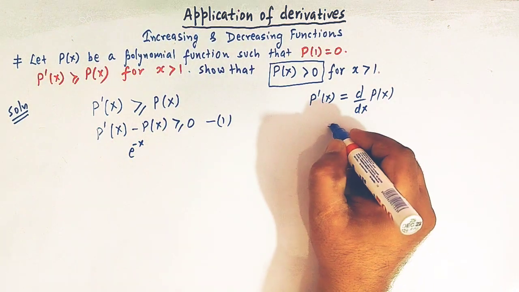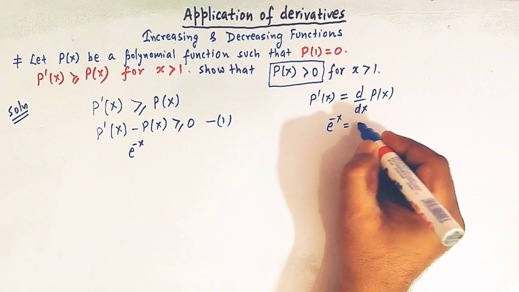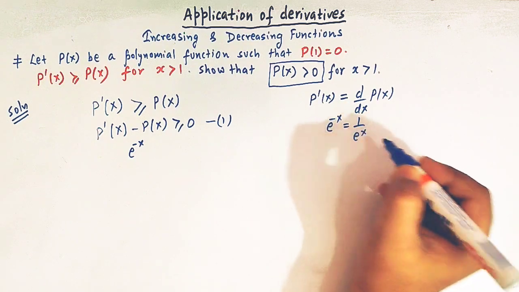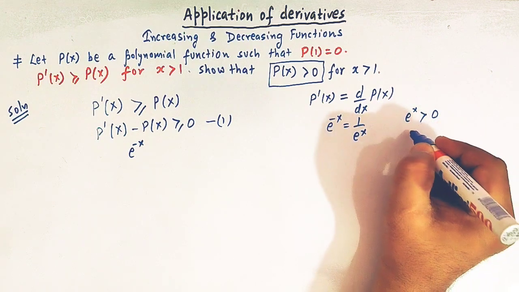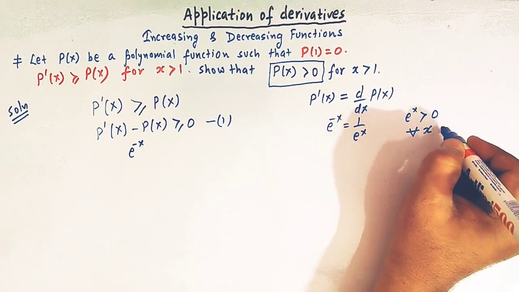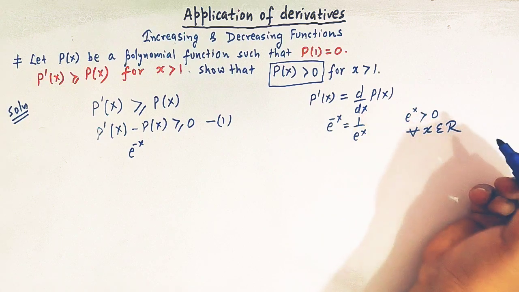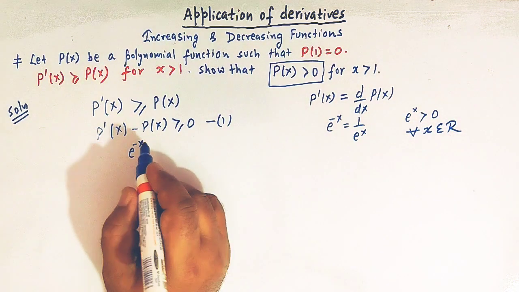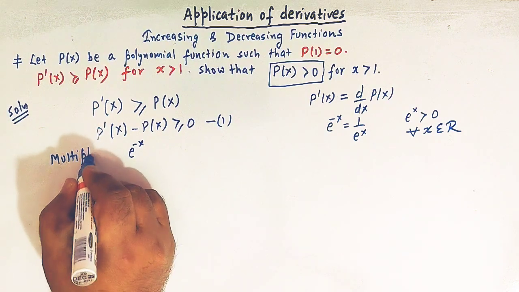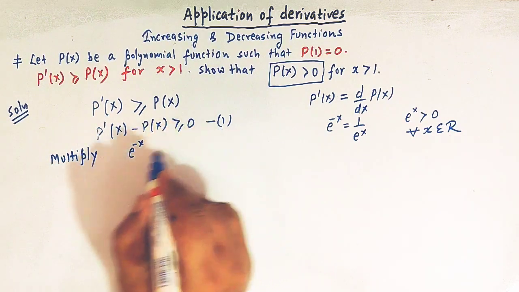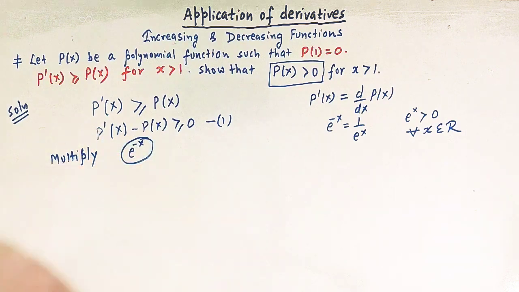And we know that e raised to minus x is equal to 1 over e raised to x, and e raised to x is greater than 0 for all x belonging to the set of real numbers. So let us multiply both sides of inequality 1 by this factor e raised to minus x.